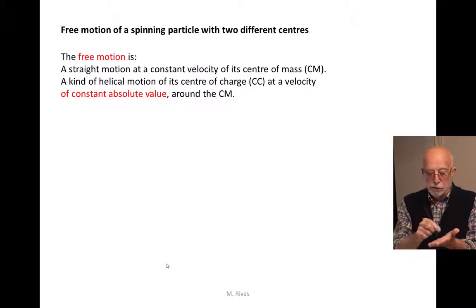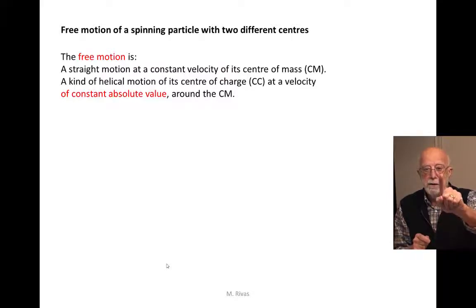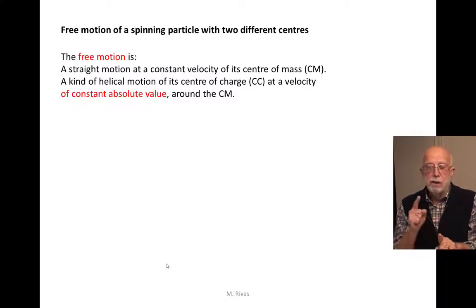If the center of mass is at rest, and the particle is rotating, what we will see is that the center of charge will be rotating at a constant velocity. But if the center of mass is moving, we will see a center of mass moving in a straight line and some kind of helical motion for the center of charge at a constant velocity of constant absolute value.